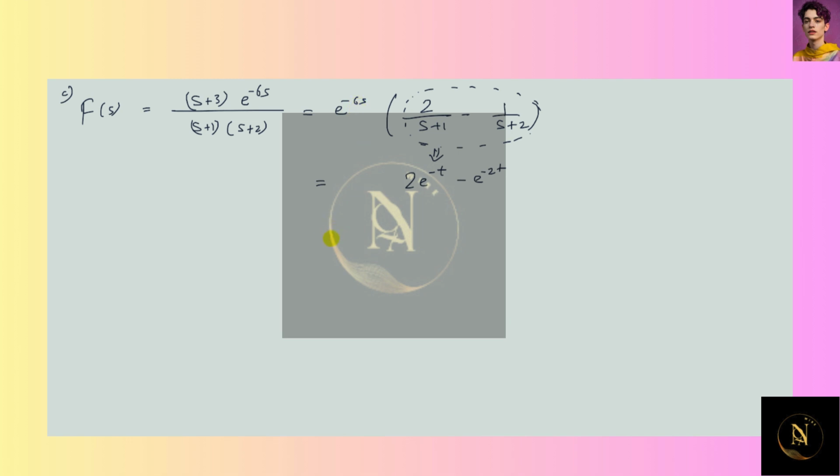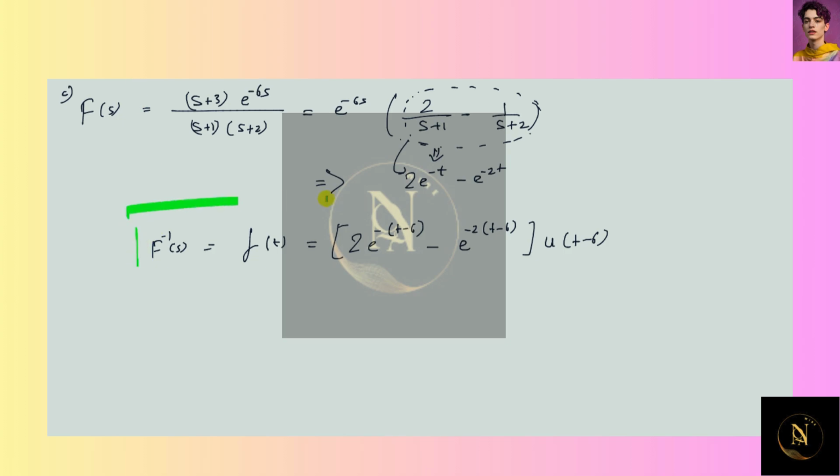That means this would be [2e^(-(t-6)) minus e^(-2(t-6))] multiplied with u(t-6). So this is the Laplace inverse of this problem, f(t). This is the solution for this problem.